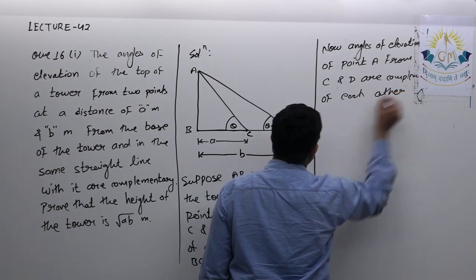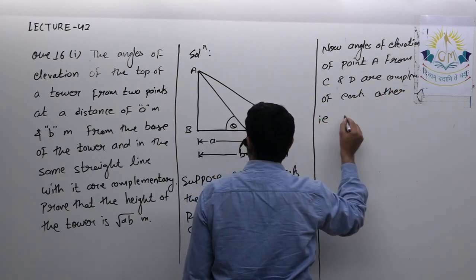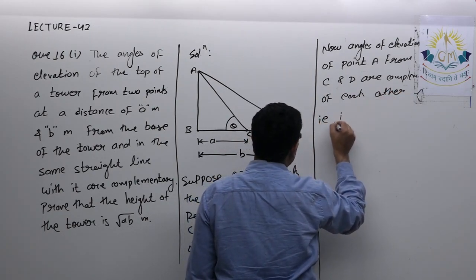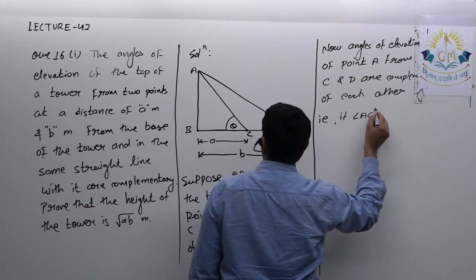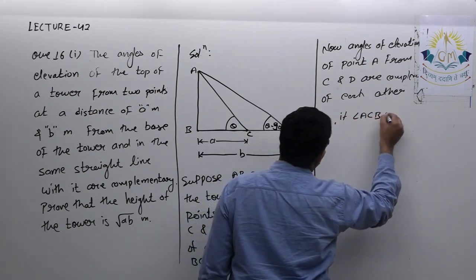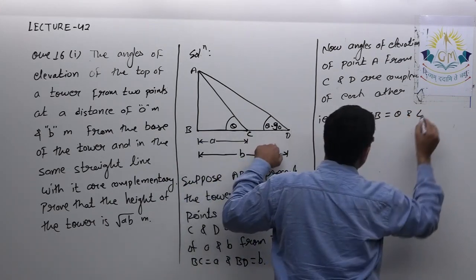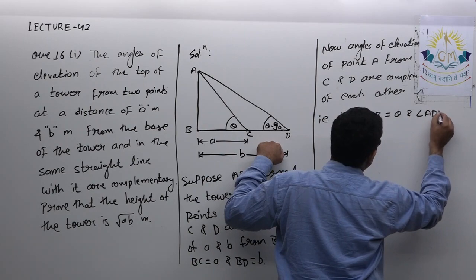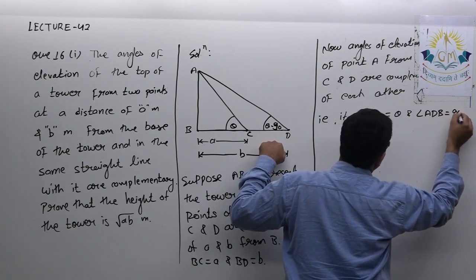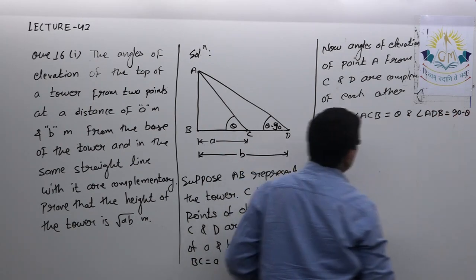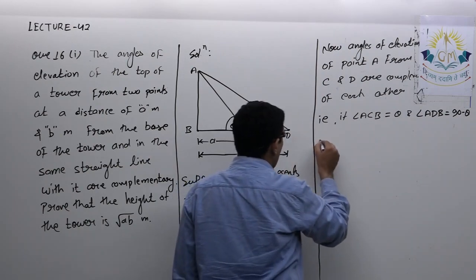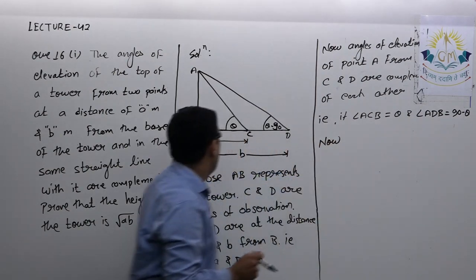That is, if angle ACB is equal to theta, then angle ADB is equal to 90 minus theta. Now what do we have to find?